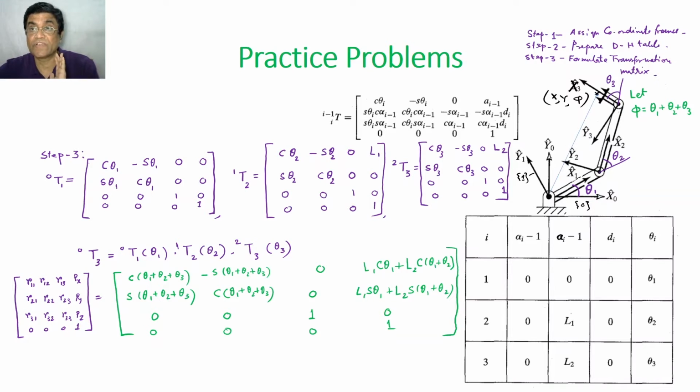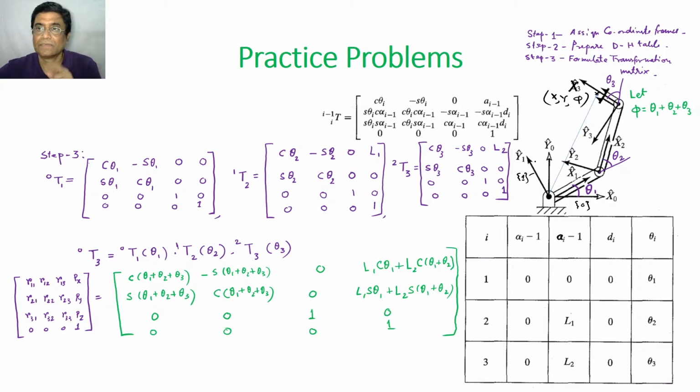That means I will instruct the robot, go to xy and orient your gripper with phi. Necessarily, we are assuming that phi equals theta1 plus theta2 plus theta3. Theta1 is measured with respect to the x-axis at any instant, and these are all functions of time. And so this is our mother matrix, I am using it.